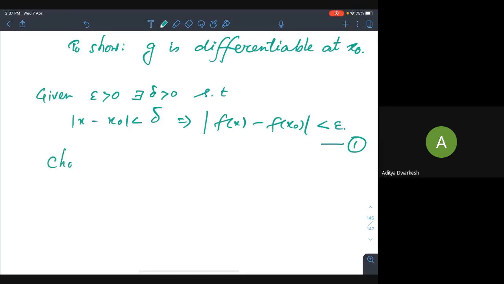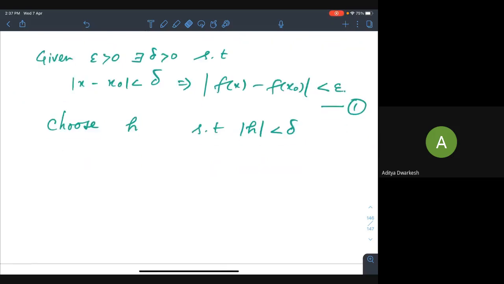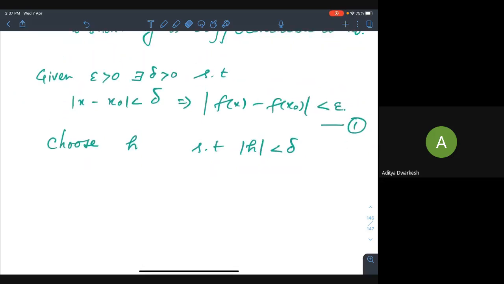Choose h greater than 0 without loss of generality such that |h| is less than delta. So actually, h greater than 0 is not needed. Choose h such that |h| less than delta. Actually, no, greater than 0 is good. We'll see that analogously you can do it for less than 0.